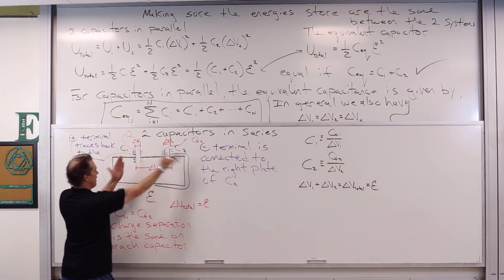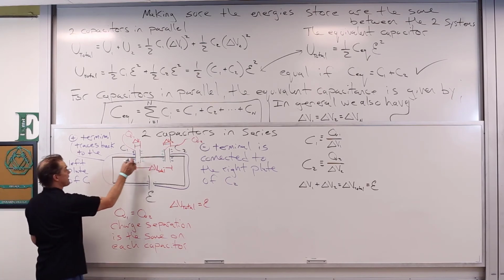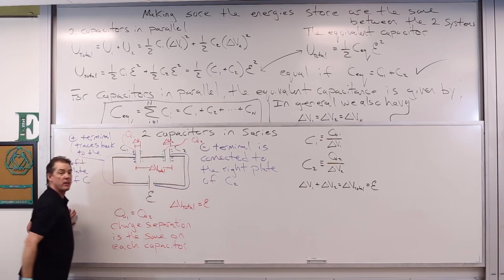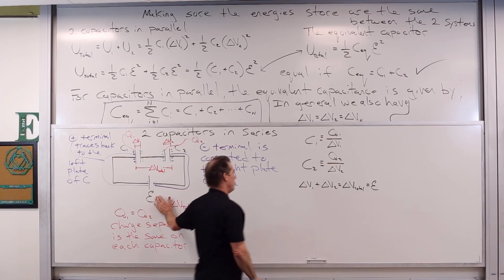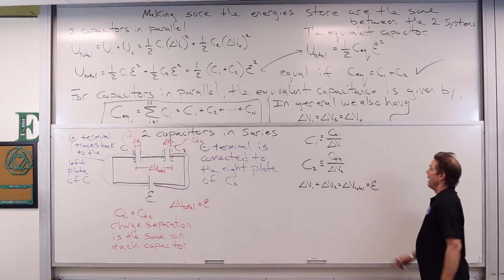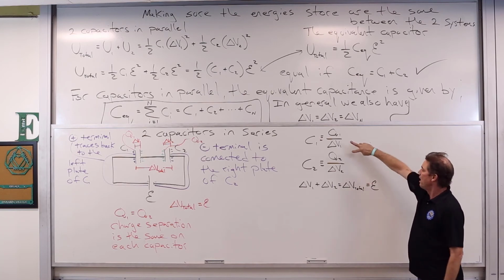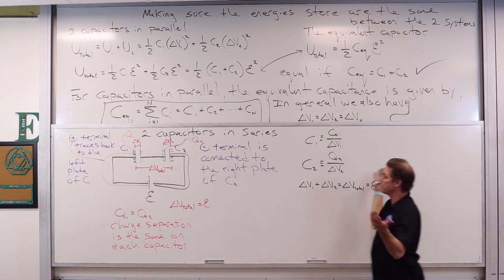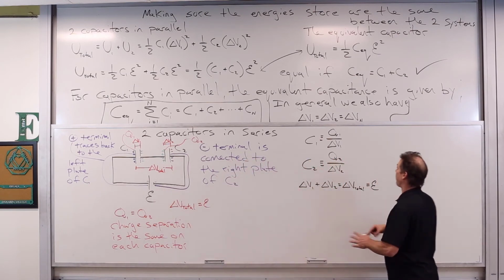Between those two plates, the total potential difference is constant. So ultimately what we find in series is that the potential difference gets split up amongst the individual capacitors, such that the total gives us back that of the source. And the charge separations have to mirror each other, because it's really the outside plates that have the true charge separation.